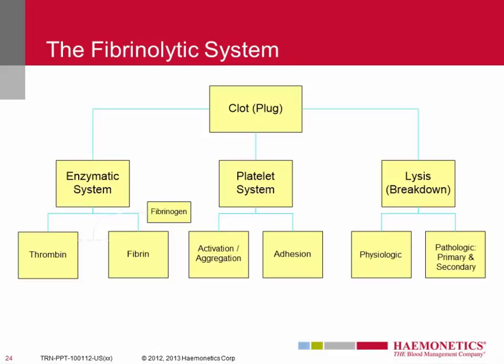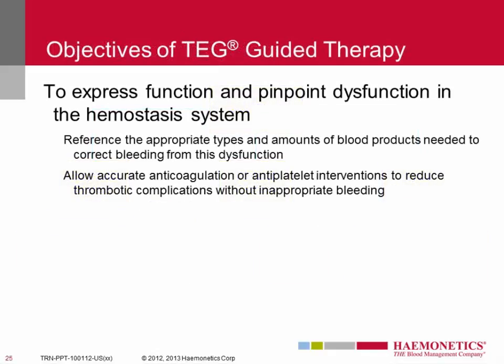There's both a physiologic and pathologic, and the primary ones we are familiar with are primary fibrinolysis and secondary fibrinolysis. Secondary fibrinolysis would be like DIC that you would see up in the ICU, and/or a patient that comes in that's had an infection process for a period of time. So that's the actual total fibrinolytic system.